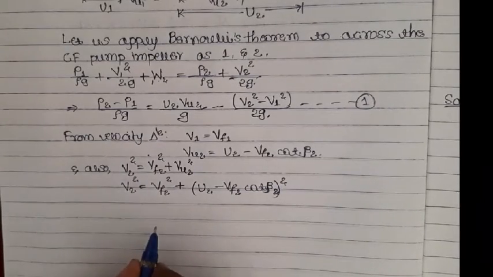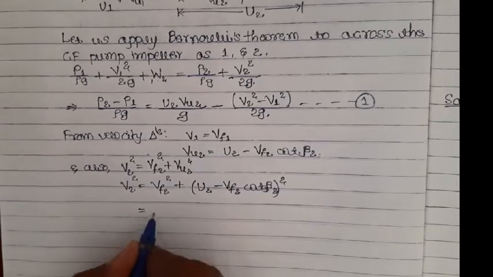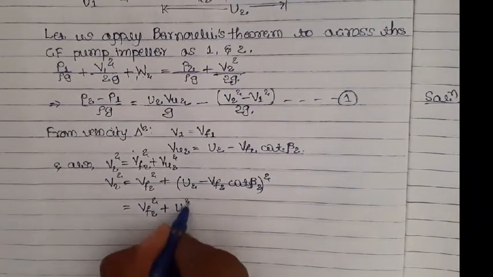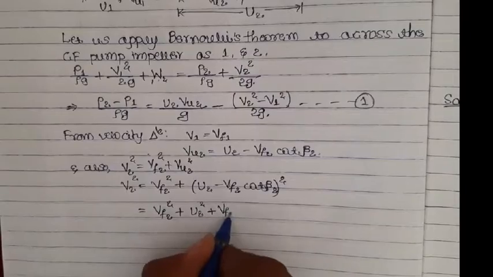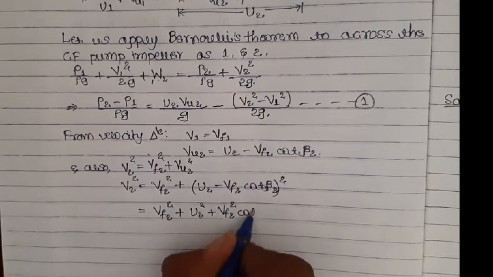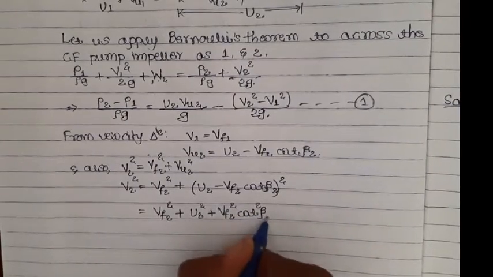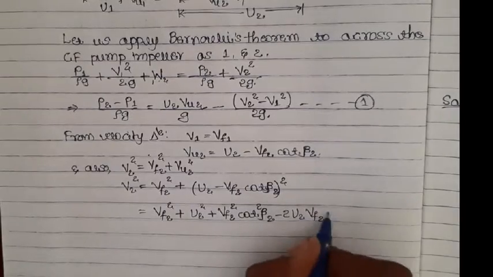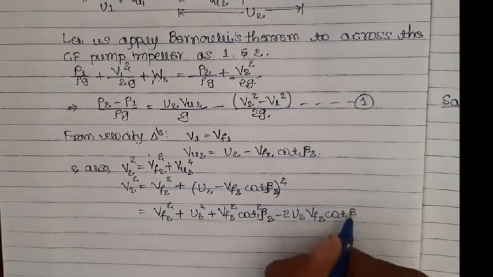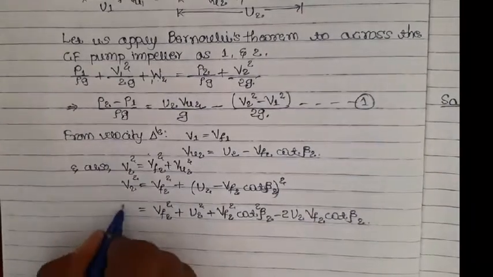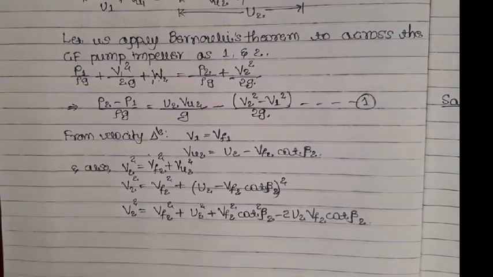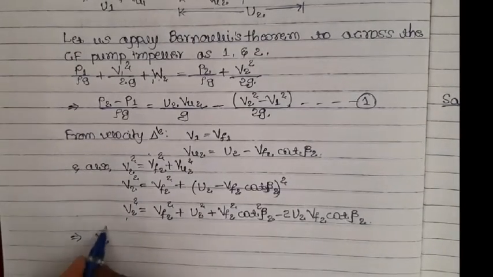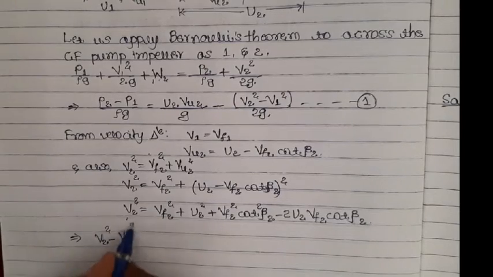Isn't it? So let us expand that. It becomes Vf2 square plus U2 square plus Vf2 square cot square beta 2 minus 2 U2 Vf2 cot beta 2. So that is V2 square. Now let us get V2 square minus V1 square, which is there in equation 1.